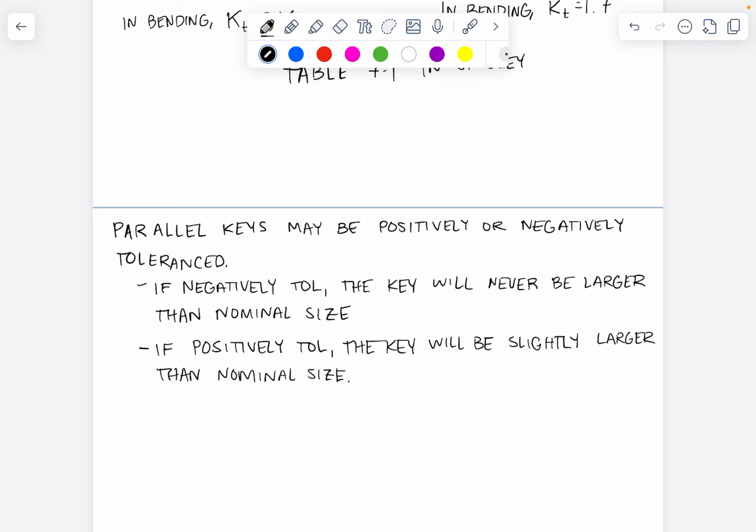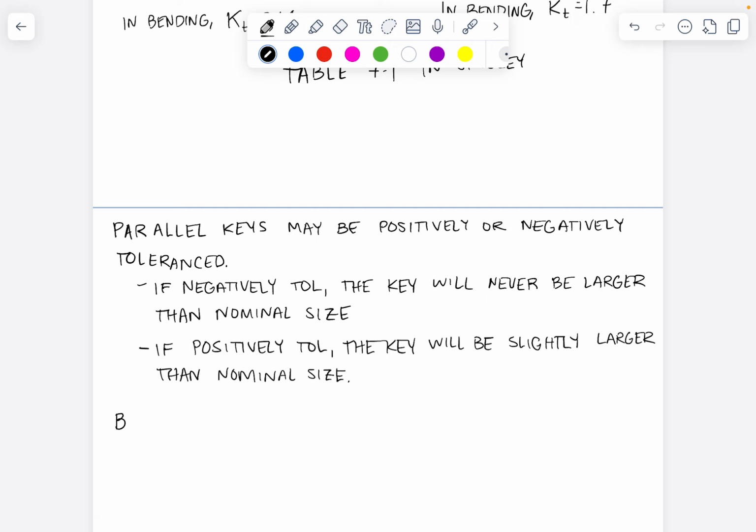Okay, so you may want to use a positively toleranced key when you need a closer fit between the key and the key seat, but this could require additional machining of the key. So it's probably going to be more expensive to have a positively toleranced key.